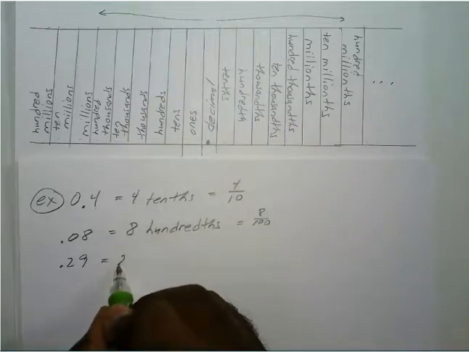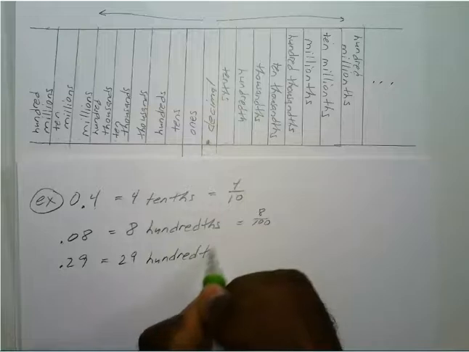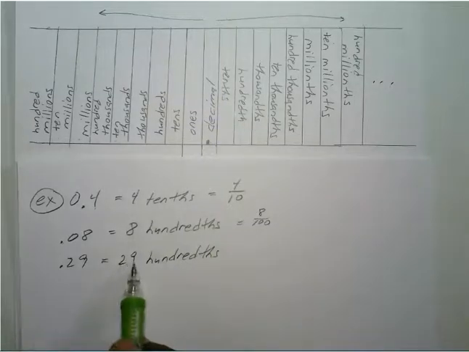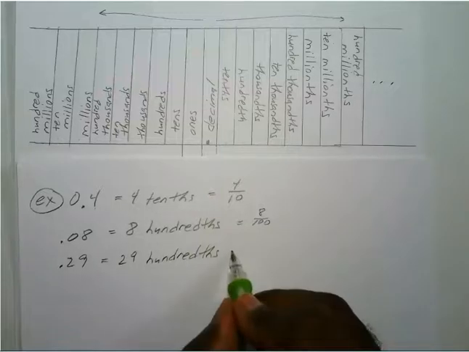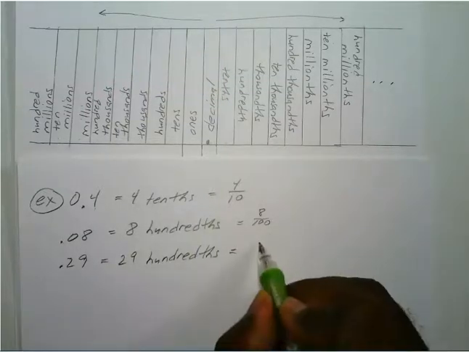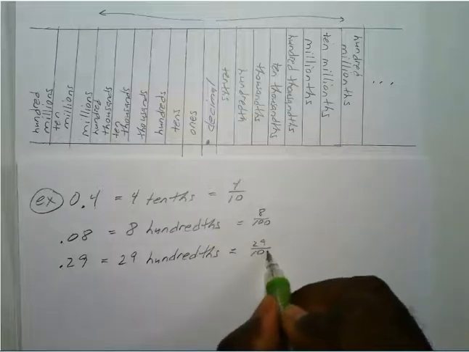That will be 29 hundredths. If you want to write out the words 29 or 8 or 4, you could, but this is just how it would read. 29 hundredths is really just 29 over 100.